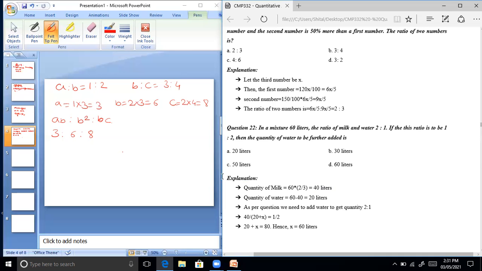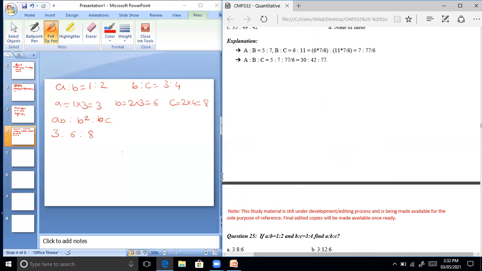As per the question, we need to add water to get the ratio as 1:2. So here 40 is the milk quantity, divided by 20 plus x, where x is the water to be added. So you will get it equals to 1/2. So you have to cross multiply it and you will get the x value as 60 liters.